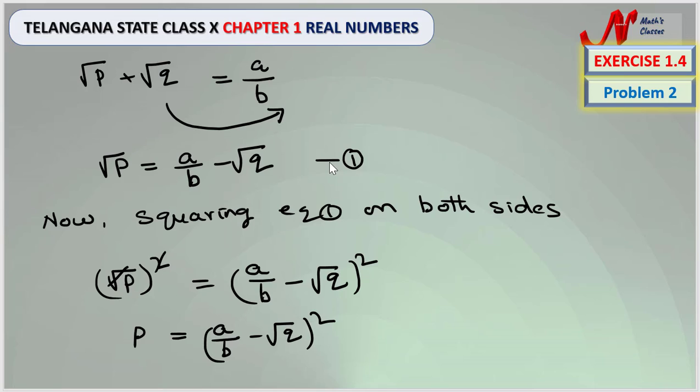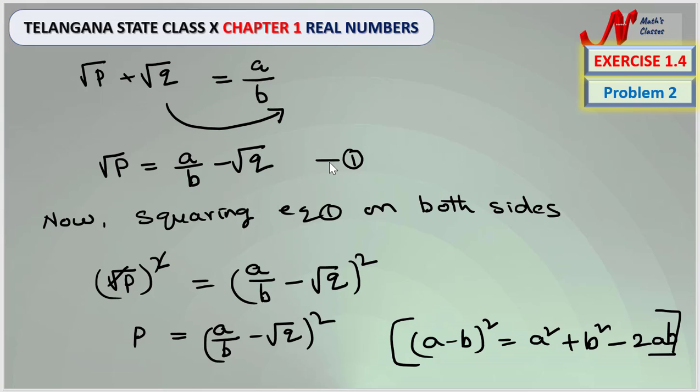So this RHS is in the form of (a - b) whole square. So we can write it as a square + b square - 2ab. This is the formula we know. We can expand the RHS using this formula.